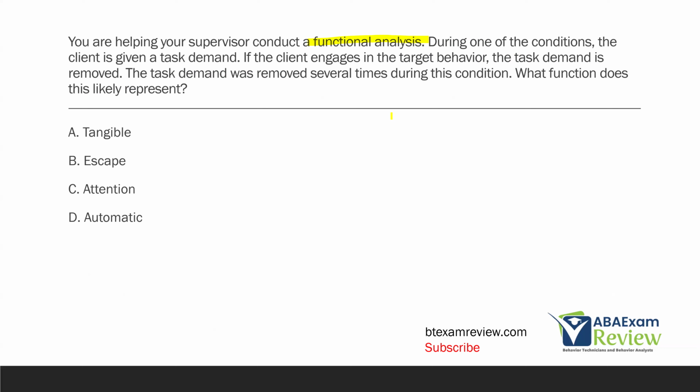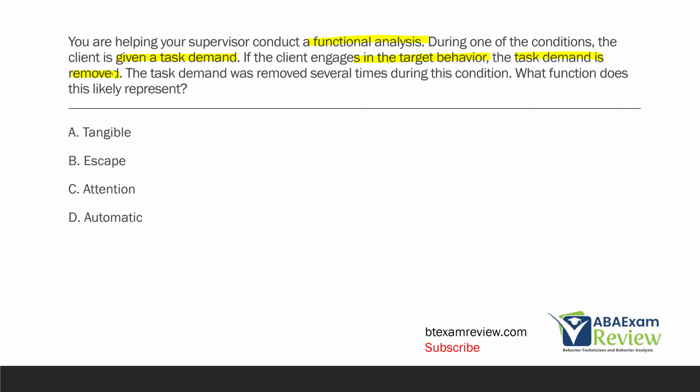And when we're doing a functional analysis, we are intentionally providing the behavior what it wants. So in this case, the client's given a task demand, and if the client engages in the target behavior, the task demand is removed. In other words, we are checking to see, does this behavior occur for escape? And why would this check for escape?